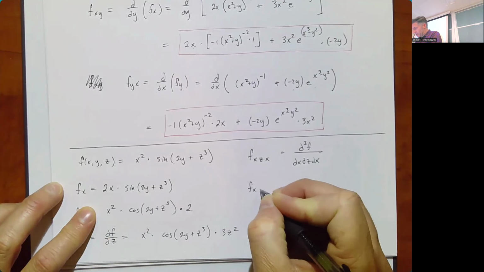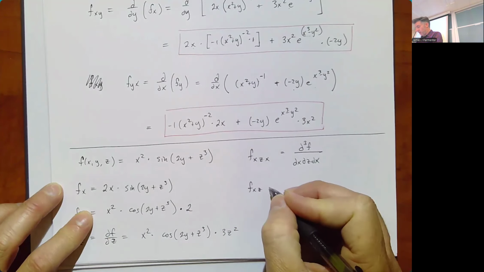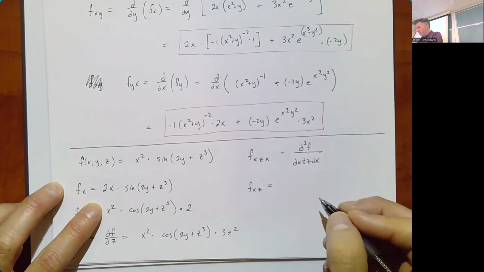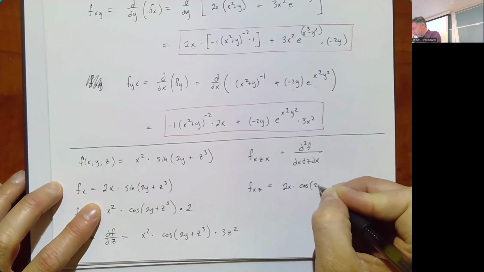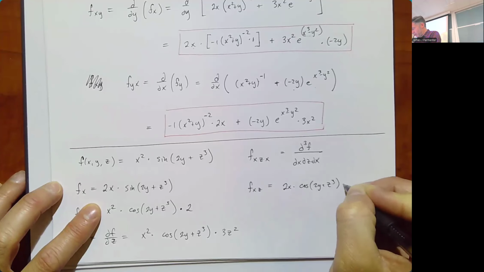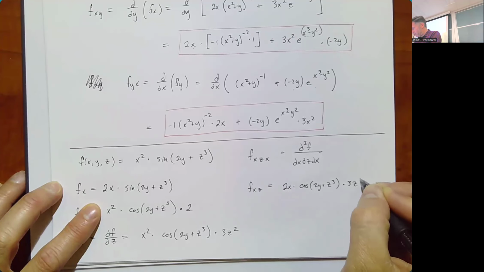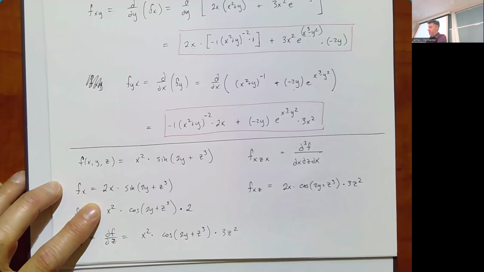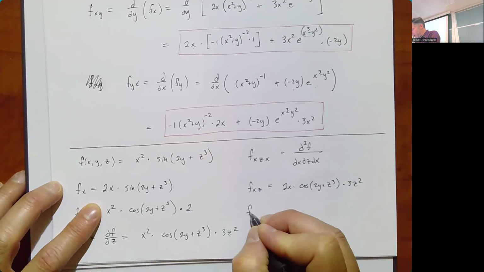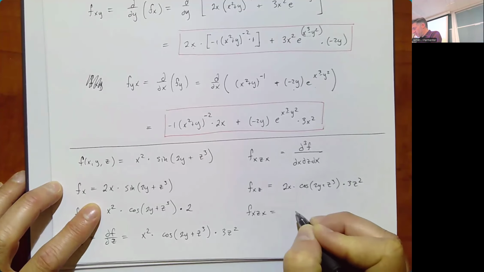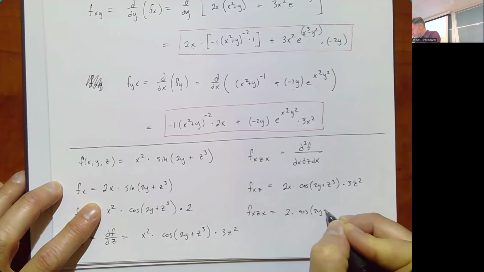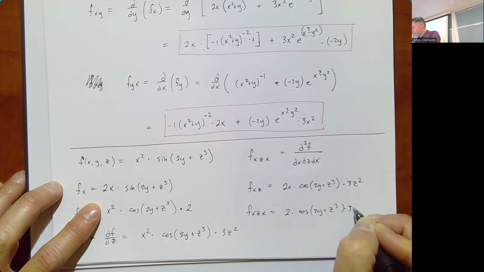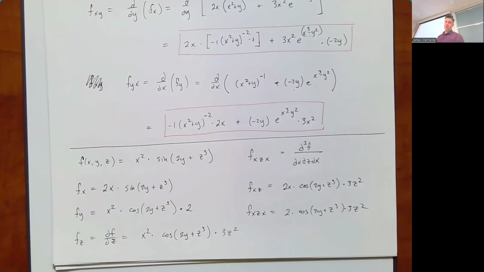So f_xz, which is x first, z second, would be 2x times cosine of 2y plus z cubed times 3z squared. And then you take the derivative of that with respect to x again, and f_xzx would be 2 times all that. So you can ask for any combination of mixed partial you want.